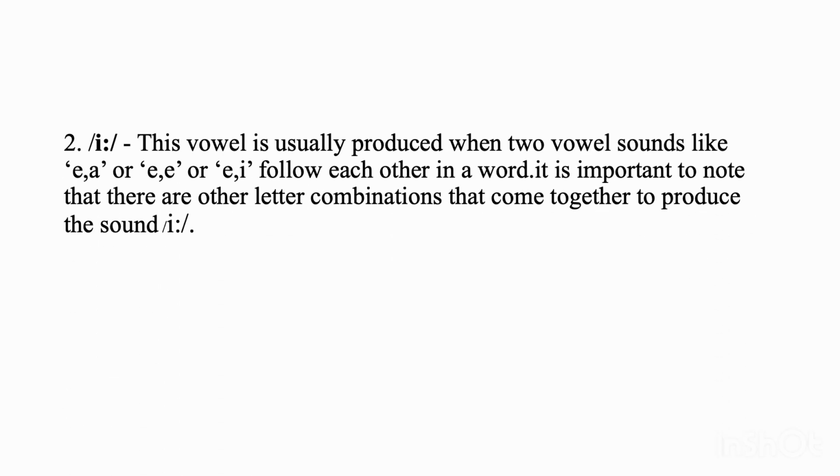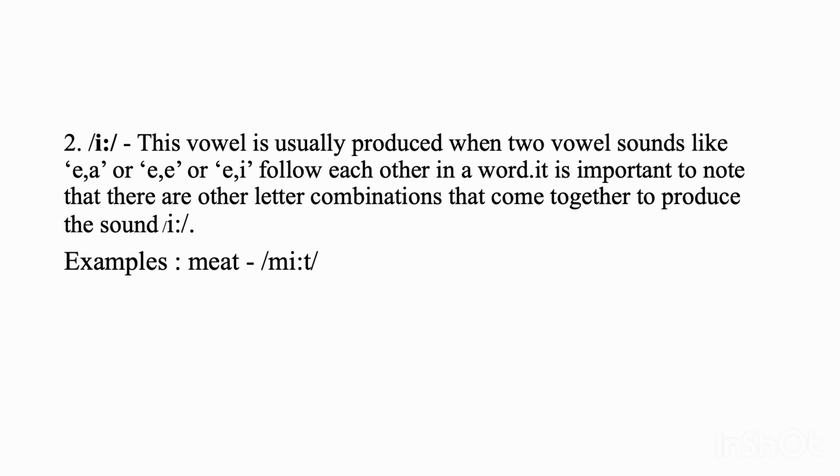So now we move on to the long vowel. This vowel is usually produced when two vowel sounds like E, A, or EE, or EI follow each other in a word. It is important to note that there are other letter combinations that come together to produce the sound E. So examples: meat, meat.